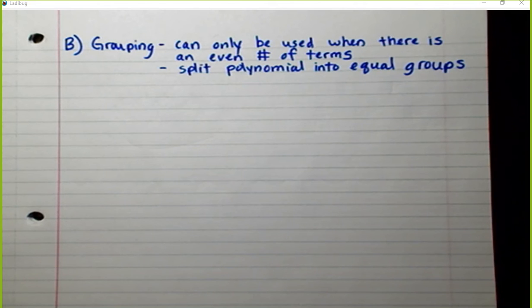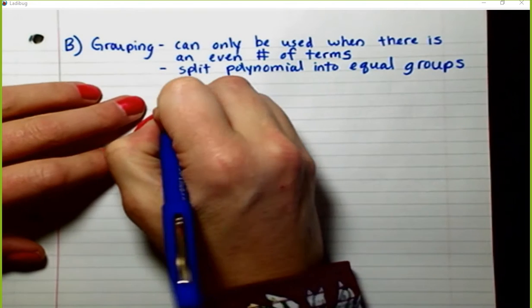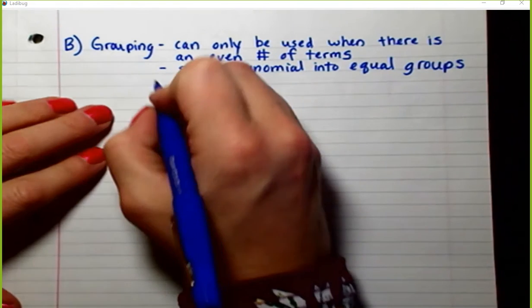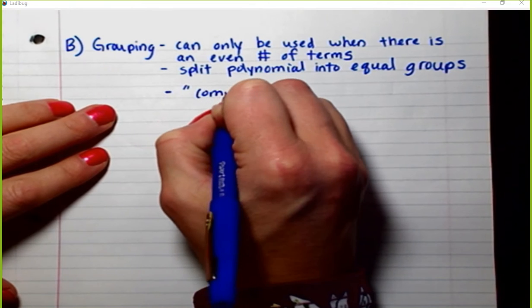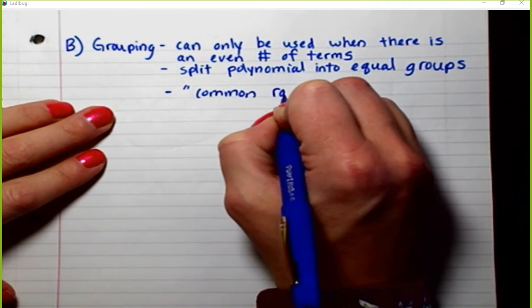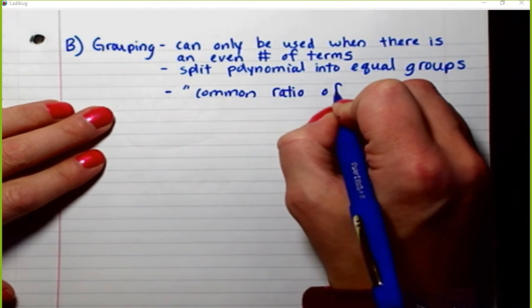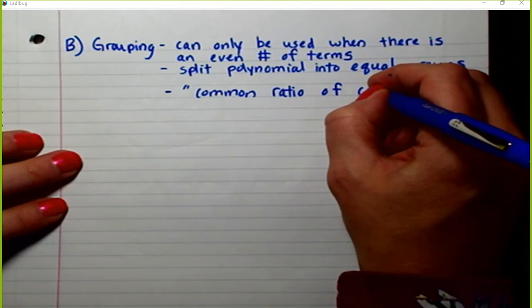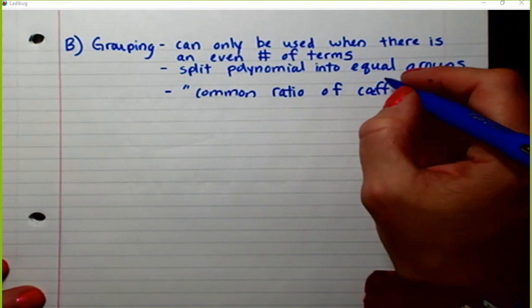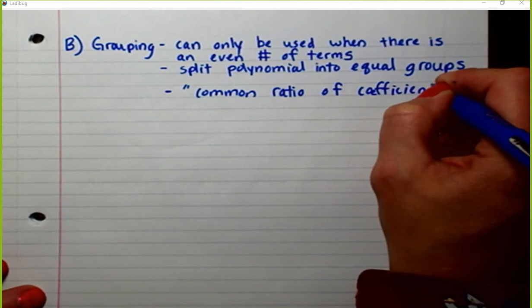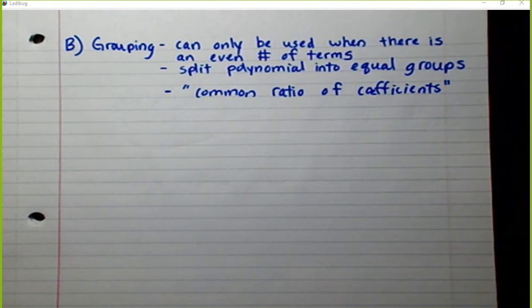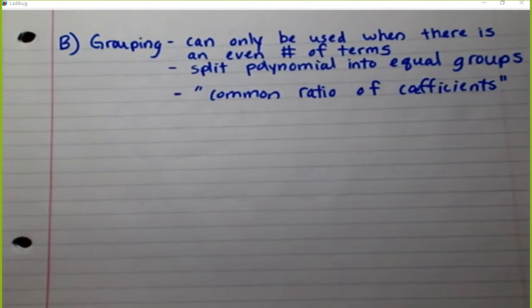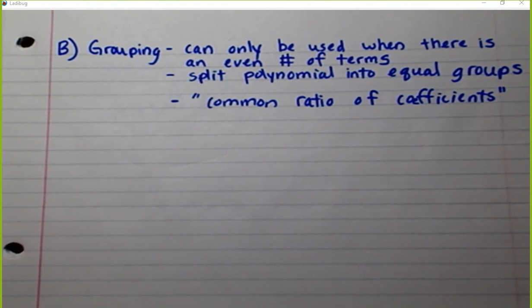Now, a little hint for grouping is we're looking for a common ratio of coefficients. That's just something to help us pick out what groupings might work best: you're looking for some common ratio with the coefficients.